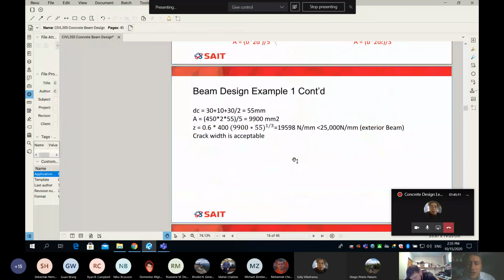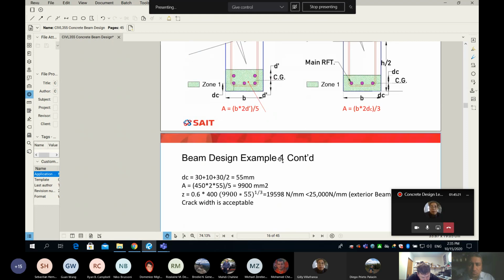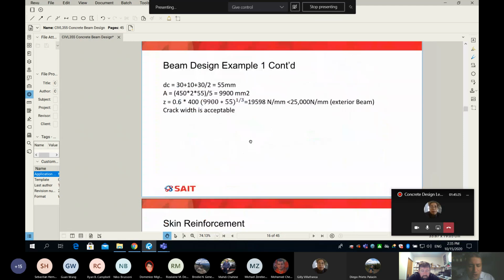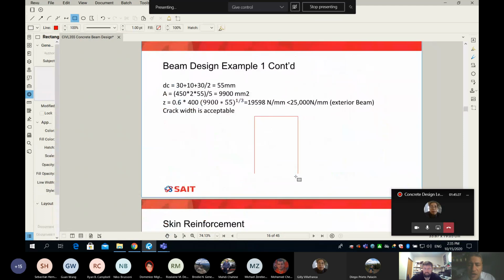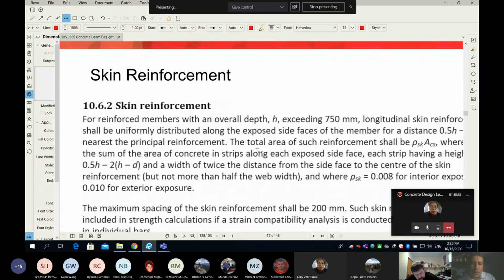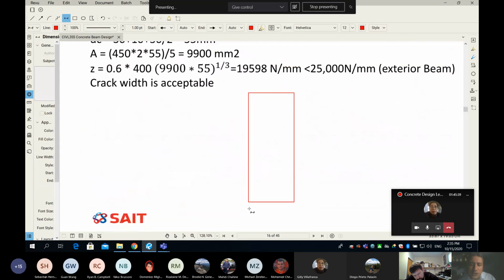Now, let's apply this by numbers to the problem that we started today. Remember my beam today, probably I can draw for you very quickly. So the beam was this, and it is 400 wide. I probably need to provide you some sketches here.